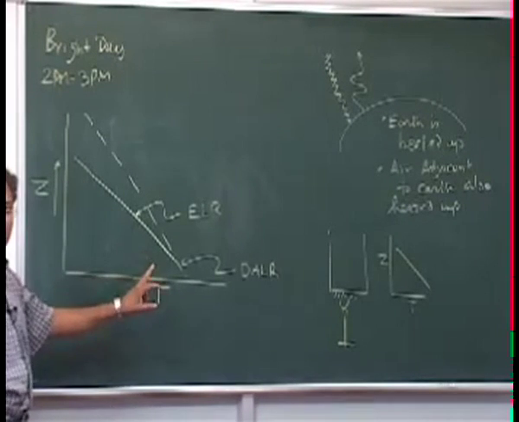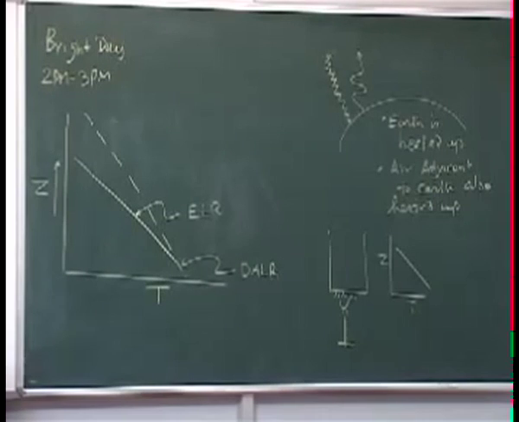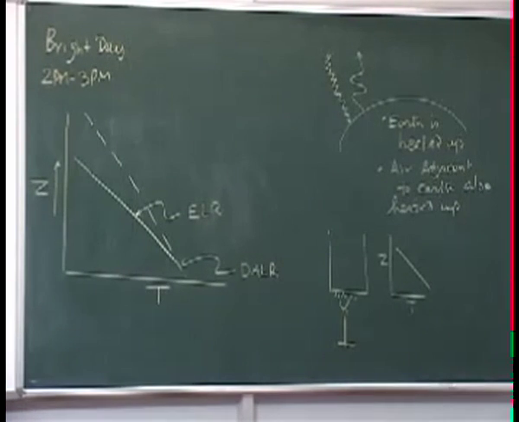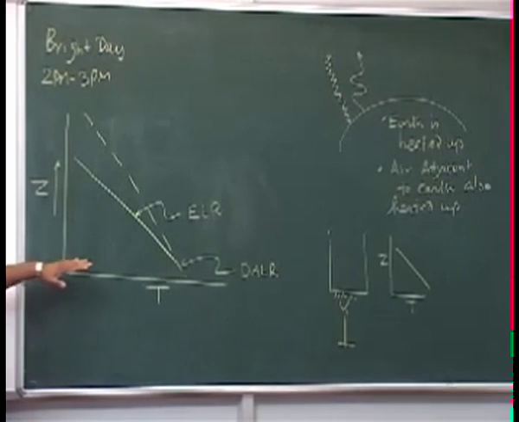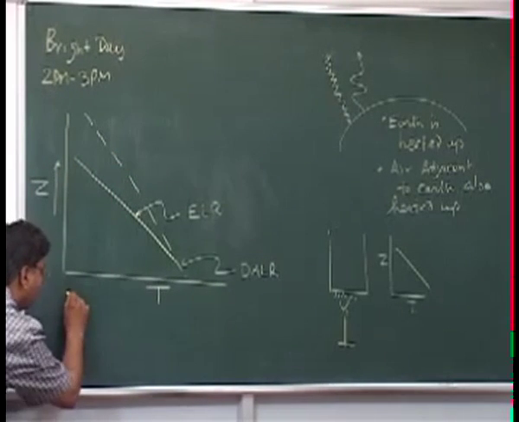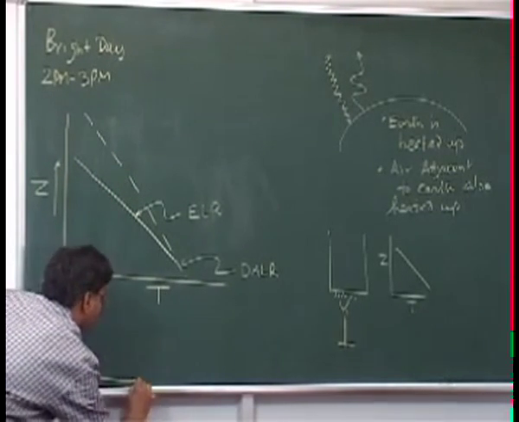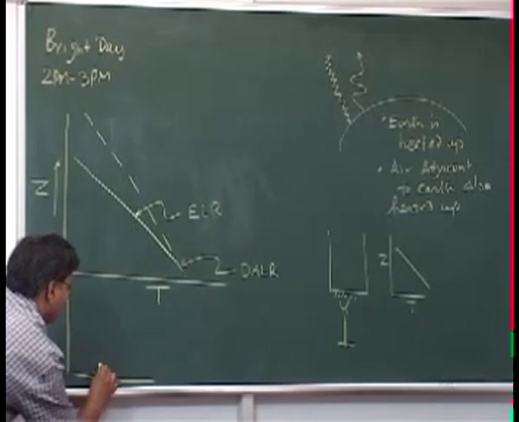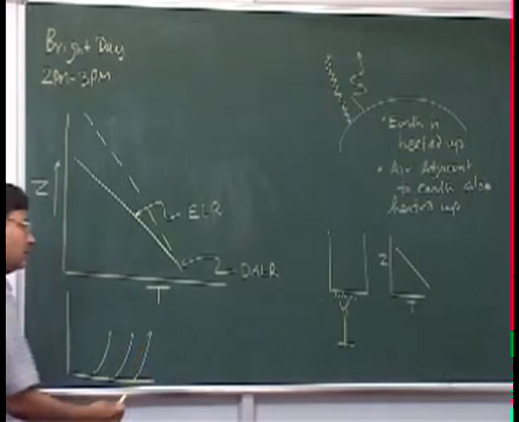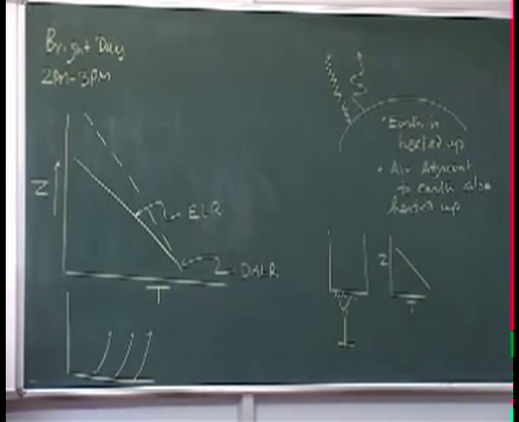If I want to look at the vertical movement of the air, there will be strong convection going from the ground upward, because you have the higher temperature here and the lower temperature here. So if I look at the wind profile, because of the convection you see the air moving up.